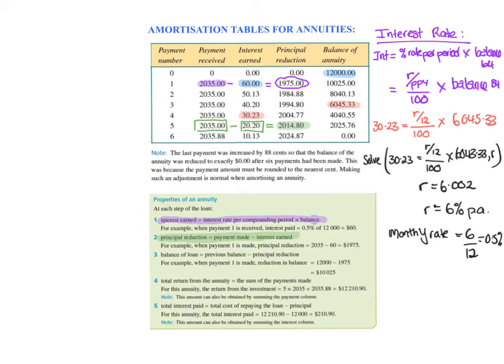All right, the balance of the loan here is the previous balance minus the reduction. So I might use another one. So this balance equals the balance before minus that equals that one. All right, so that's what they're talking about.